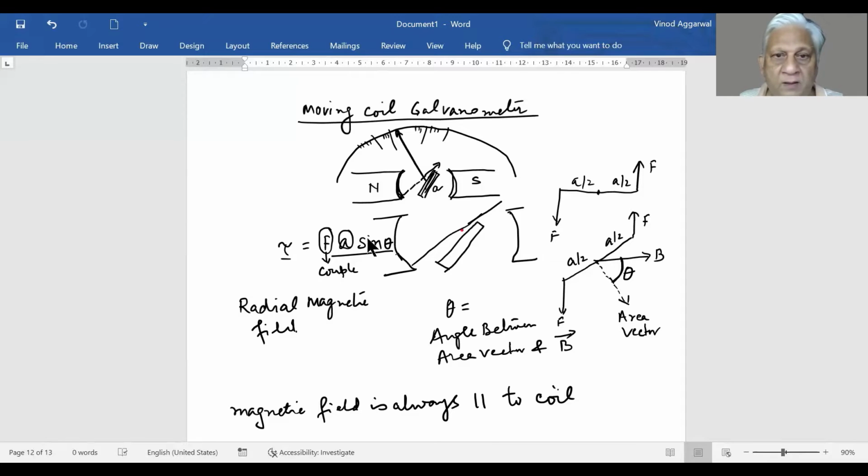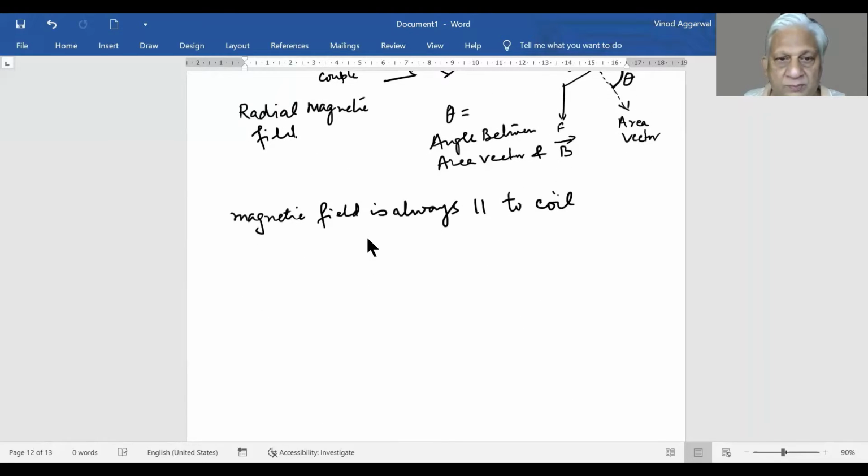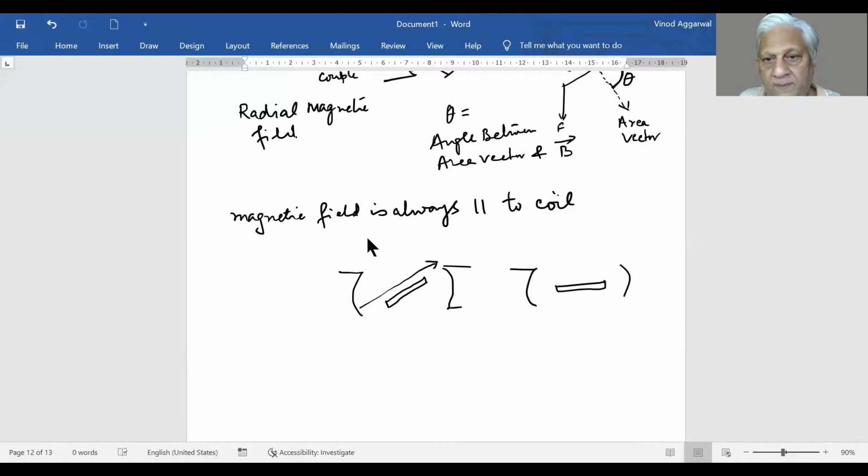If the coil happens to tilt only this much, then the magnetic field will be like this. And if the coil becomes like this, then the magnetic field will be like this.